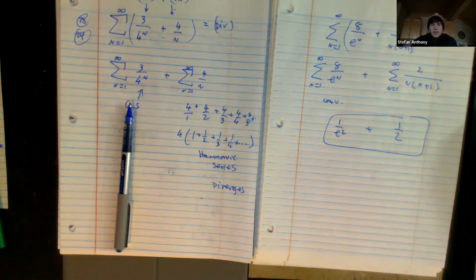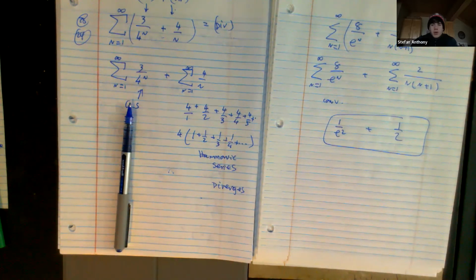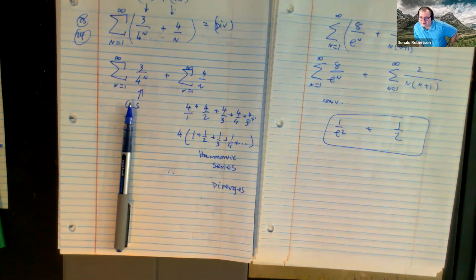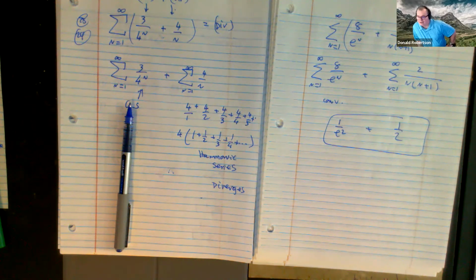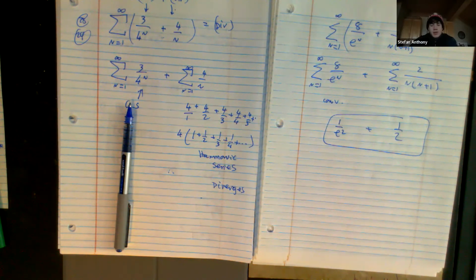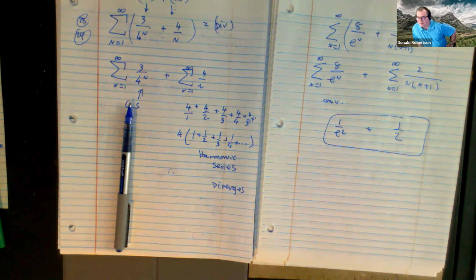Would the common ratio for the 8 over e to the power of n be 1 over e? Would that be right? Oh, I like that, Stefan. Yes. Now tell me why. Why? What were you noticing? Because it's true in every question that we've done that would be the common ratio. Because you're trying to multiply the e, but not the 8. So right, the 8's fixed, so you can forget about it.